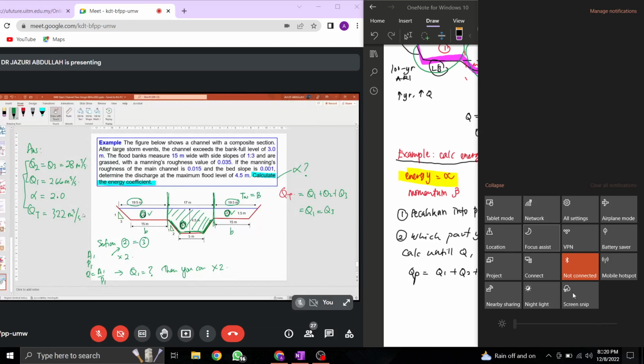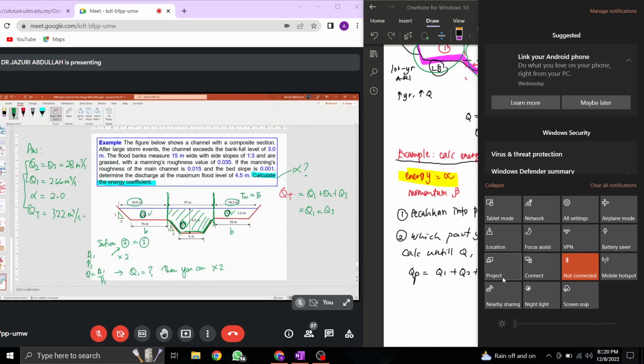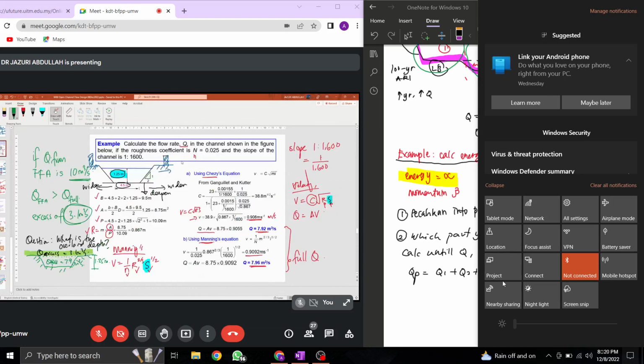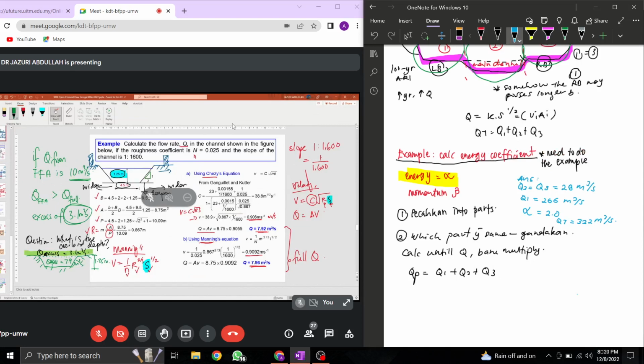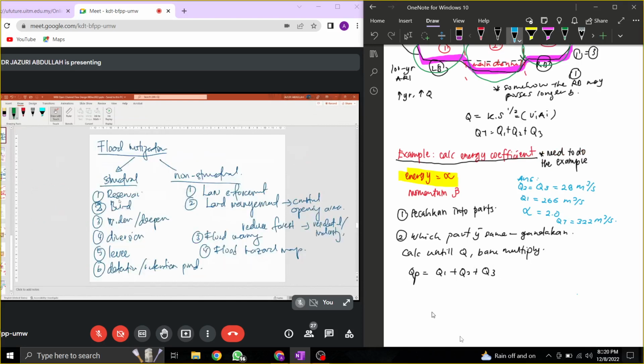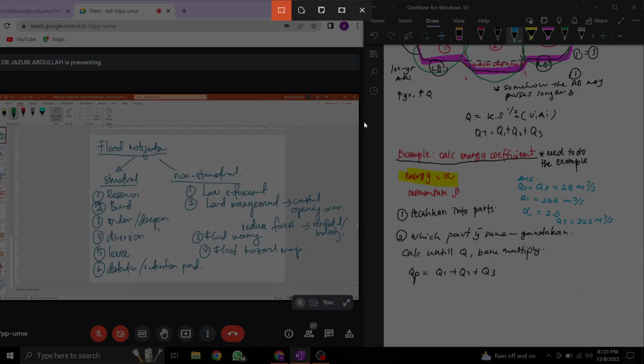Okay, so selepas ni kalau kita macam saya bagi tahu tadi itulah. Okay, so on this section. Okay, so kalau tengok kita nak buat secara apa orang kata tu sebagai levee contohnya kat sini. Okay, so kita tengok structural dia macam mana. So kita tengok apakah kaedah, berapakah ketinggian ban, berapakah kedalaman.